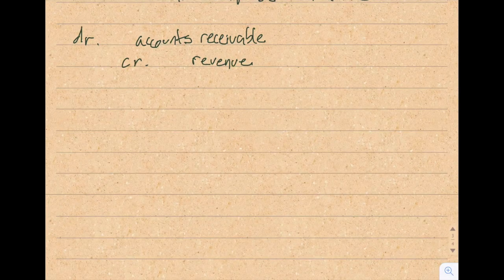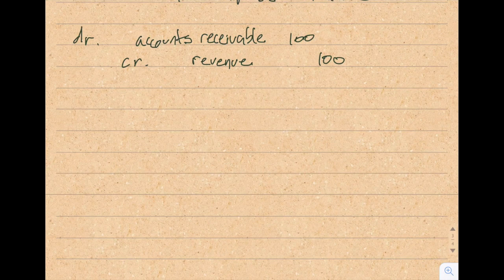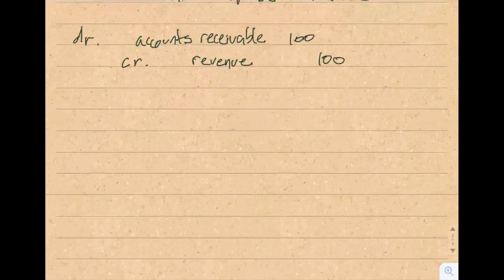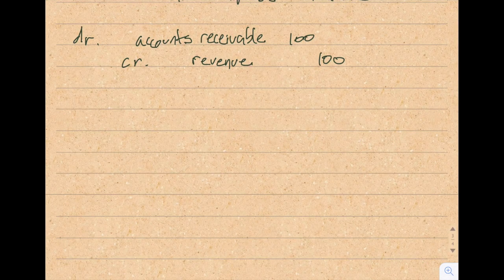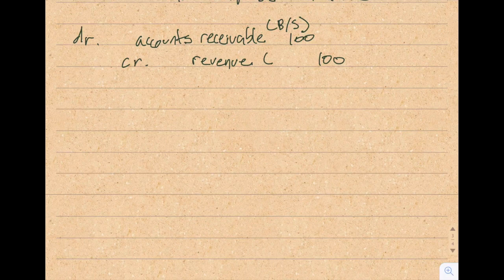And let's say it's $100. So it's revenue because you've done the work, whether that's a service or a good. So you have revenue that's now going to go onto the income statement, which, as we've discussed, is also linked to the balance sheet. I have those abbreviations there: BS for balance sheet, IS for income statement.